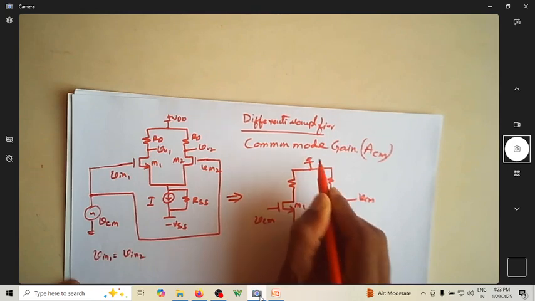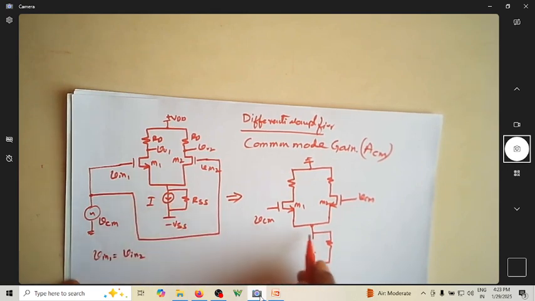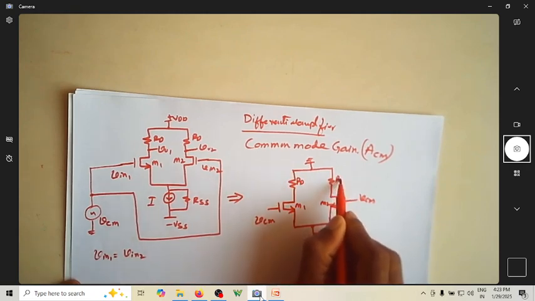Let me ground it. This is the common source, and of course this current source will be replaced by an open circuit, and this is your ground. This is RSS, and this is RD.